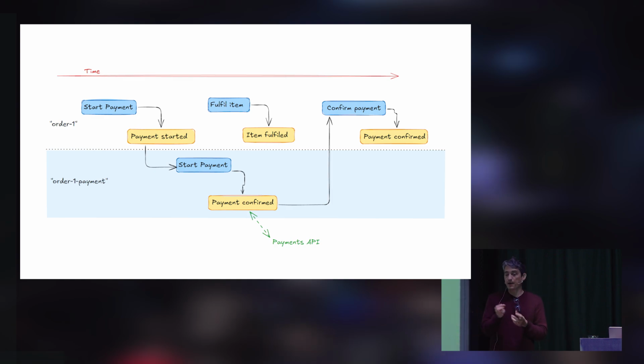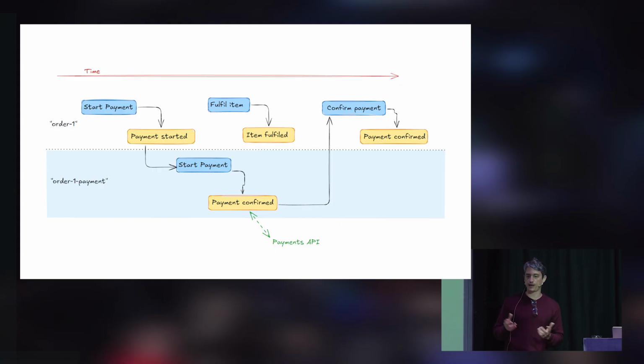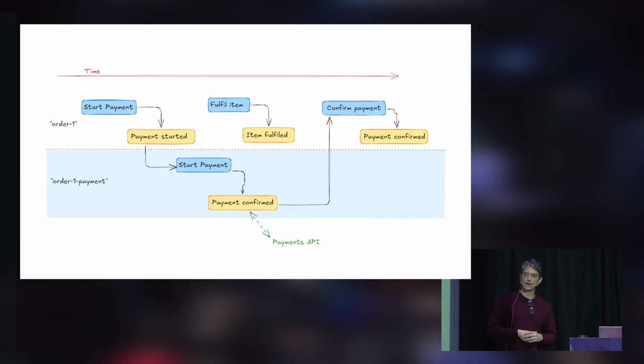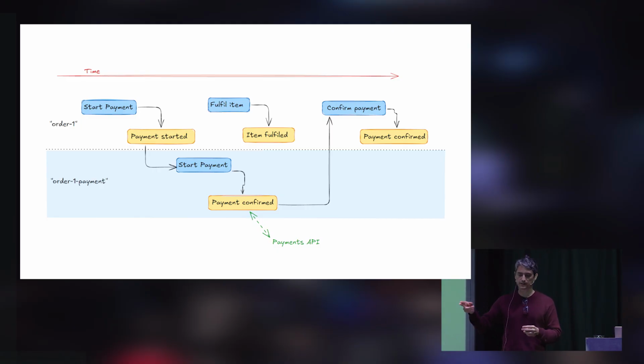And maybe it will interact with some third-party payments API, for example, that might be costly or slow. And when it's done, it will notify back to the parent order by sending a command as a confirmation back to it that, yes, the payment is now done. And because these two things are running concurrently, in the meantime, while the payment is processing, the order can keep doing its own thing, commands and events. In this case, it can start the fulfillment process.